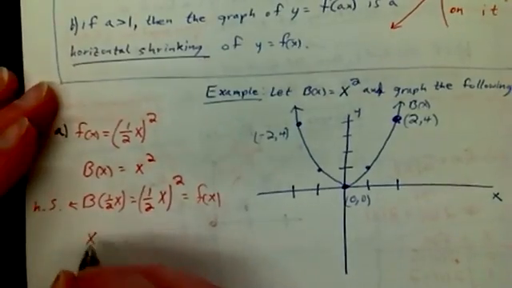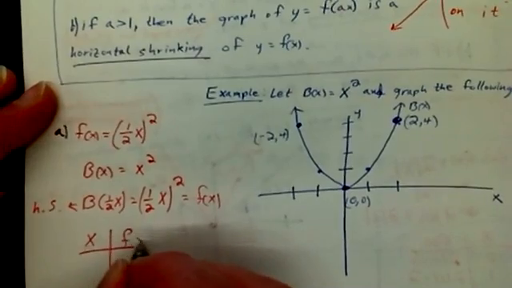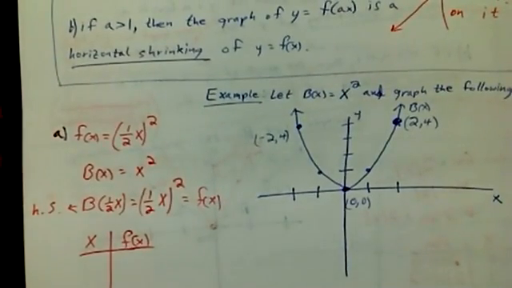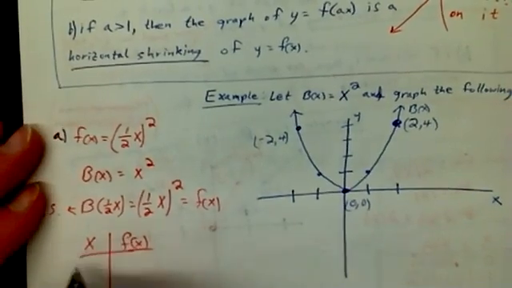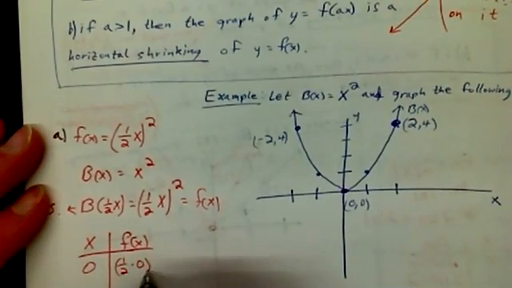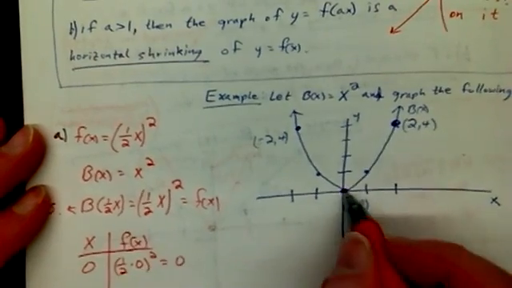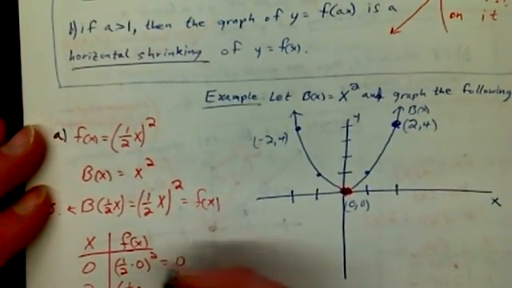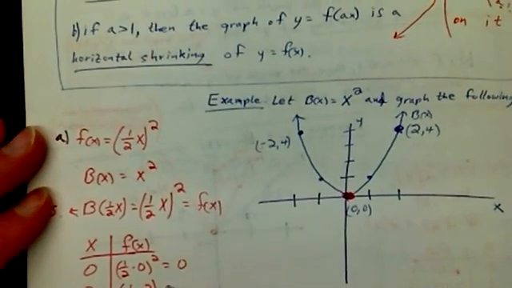So let's see. X and f of x. So let's go ahead. Let's try an x value of 0. Well, then that's going to be 1/2 times 0, quantity squared, is just 0. Nothing new there. But what if I go ahead and I try 2? 1/2 times 2, that's going to be 1.